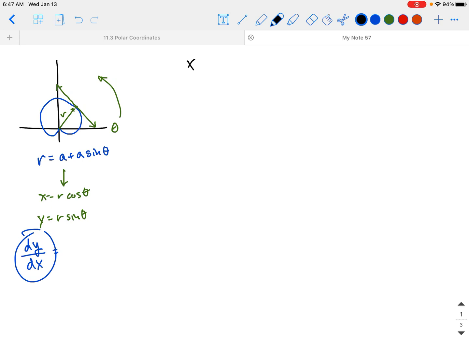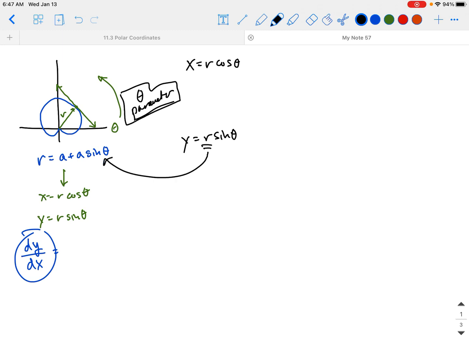And what we'll note is that x equals r cosine theta and y equals r sine theta, our representation of those polar coordinates in rectangular form, are parametric equations, right? These are parametric equations with theta being the parameter. So our parameter is theta. r is going to be a function of theta as well, right?